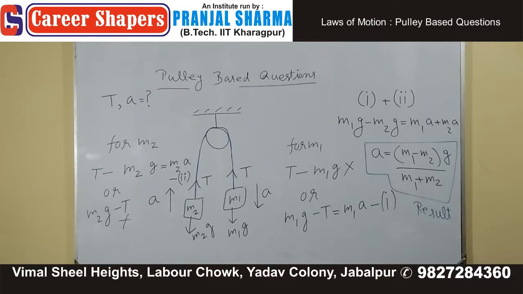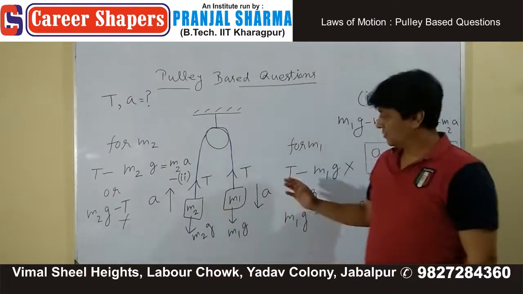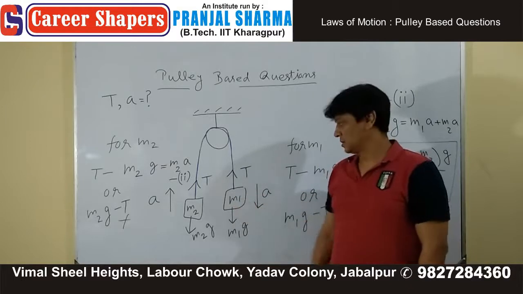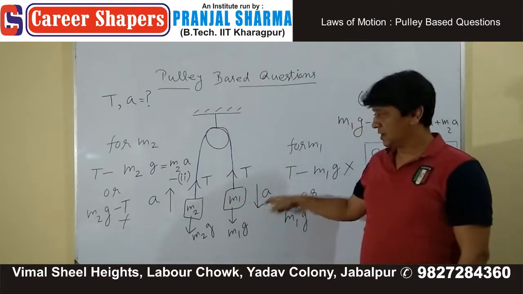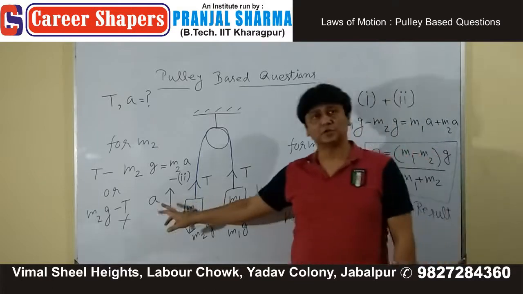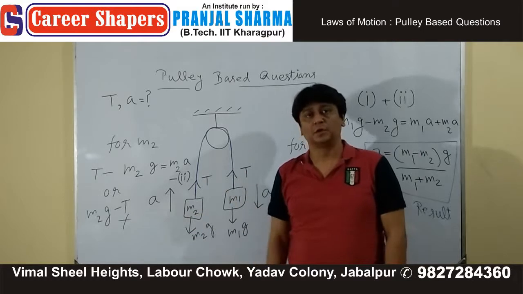Well, you are again asking the same thing. This A and this A, these are the magnitudes. If this is 5, then this is also 5. We are dealing with magnitudes.